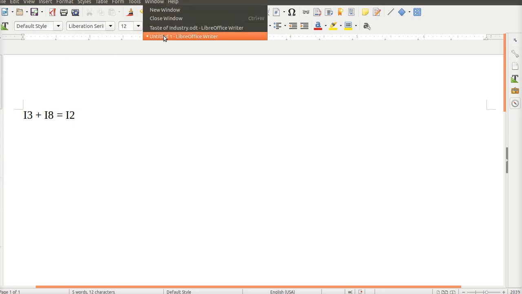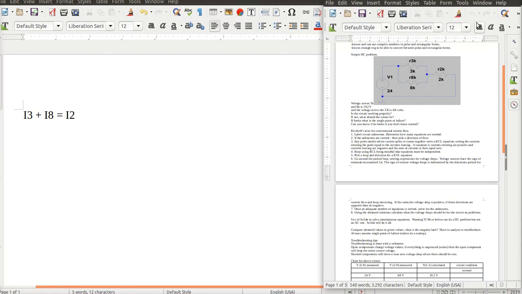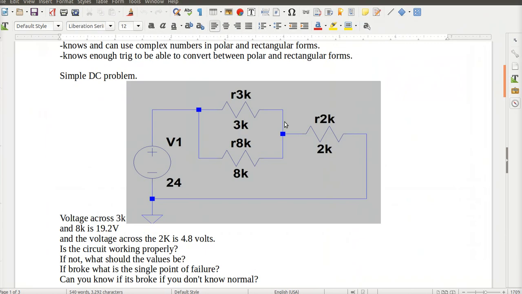So if I window back to this and make it large. The other equations involve writing loops, and Kirchhoff's voltage law says the sum of the voltage drops around any closed loop is 0. So if I go all the way around the outside, which is what I did when I demonstrated, then my voltage drops are the source voltage, the current through the 3K times the 3K resistance, the current through the 2K times the 2K resistance, and all those voltage drops have to add up to 0.